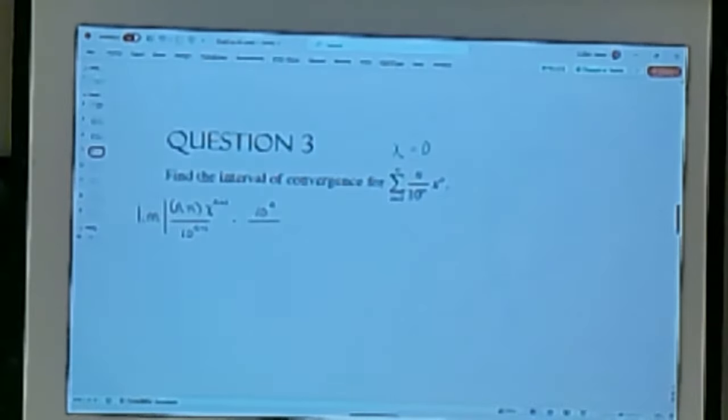How does that simplify? So n plus 1 times x over 10 to the n, or not to the n, times n.